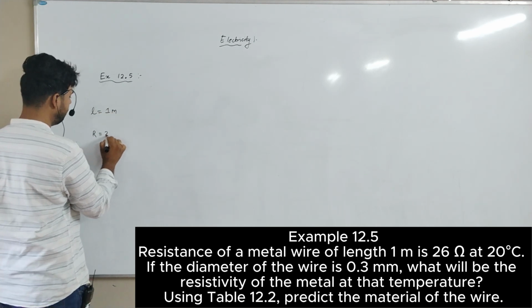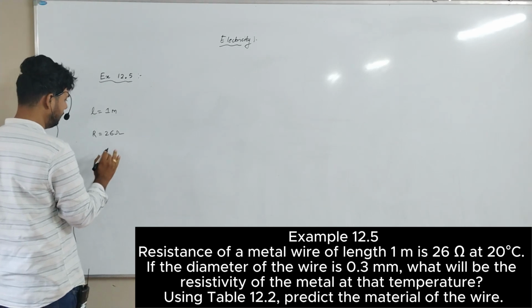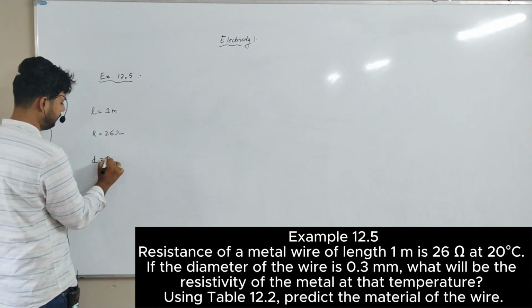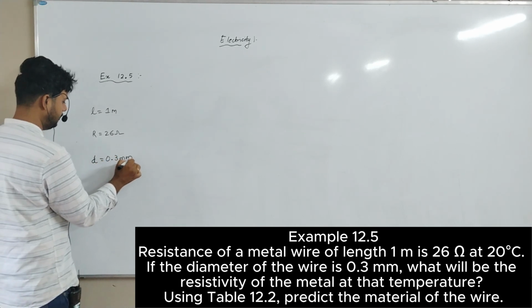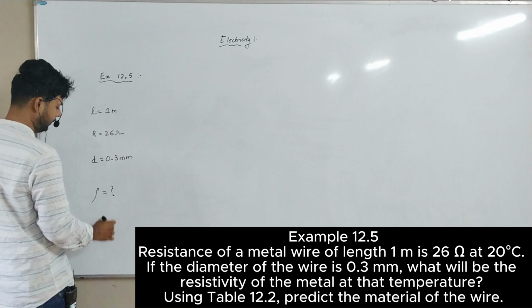Resistance is 26 ohm at a certain diameter. Resistivity of metal at a certain diameter is question mark. Next.